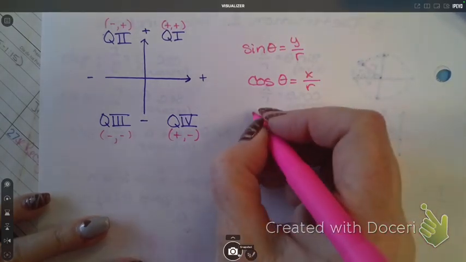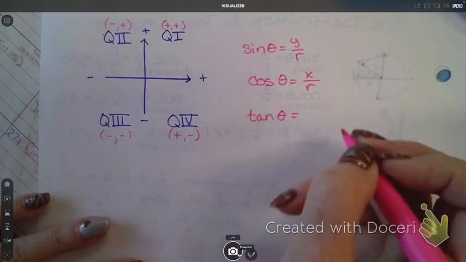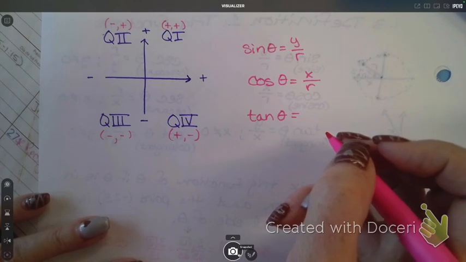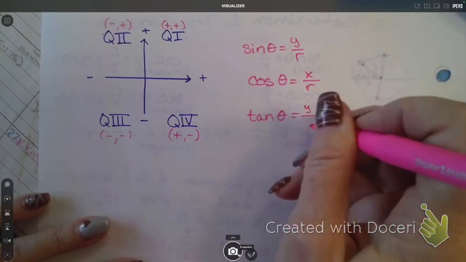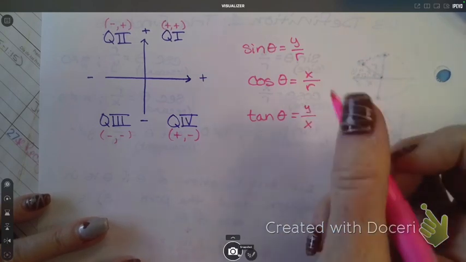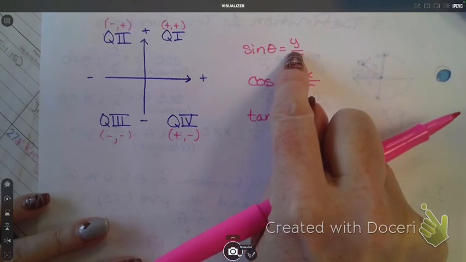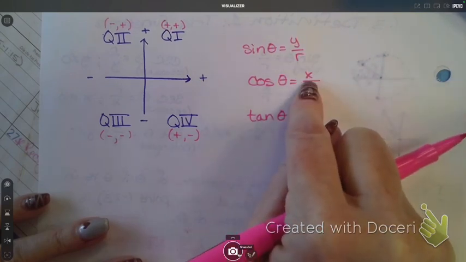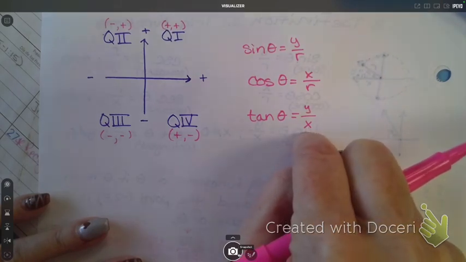A lot of things I'm going to tell you guys, if you know this, you know that, because you don't want to have to remember everything individually. Does that make sense? Okay, and tangent is y over x. Okay, I write sine, cosine, tangent. Look, y over x. Tangent, y over x. That's why I write it the way I write it.